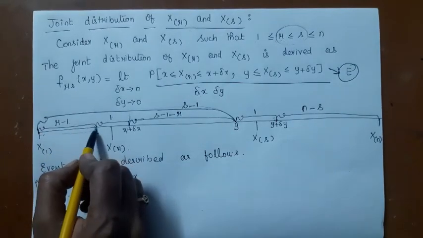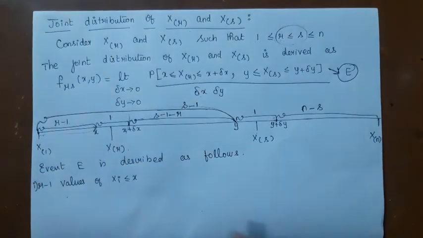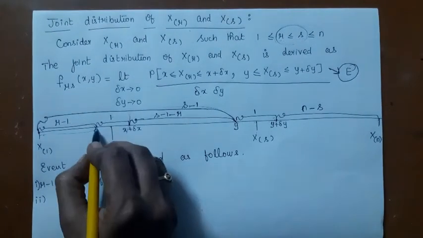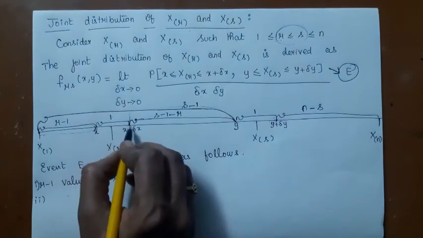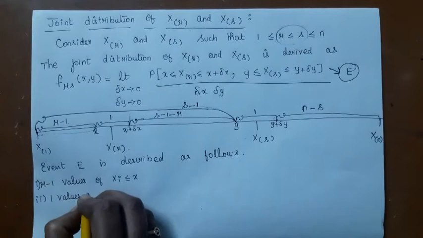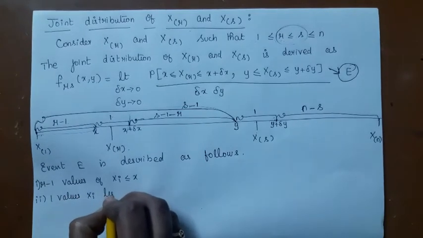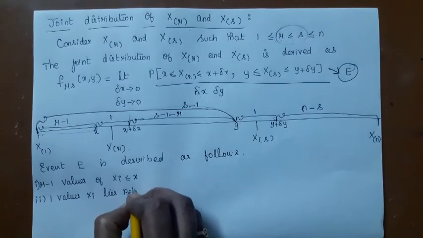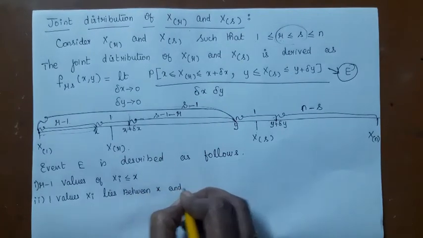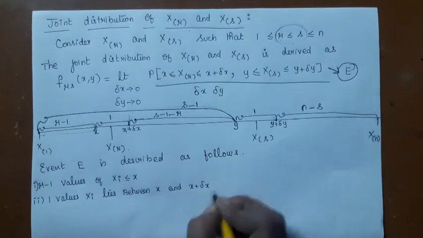The second is one value of Xi lies between x and x plus delta x.